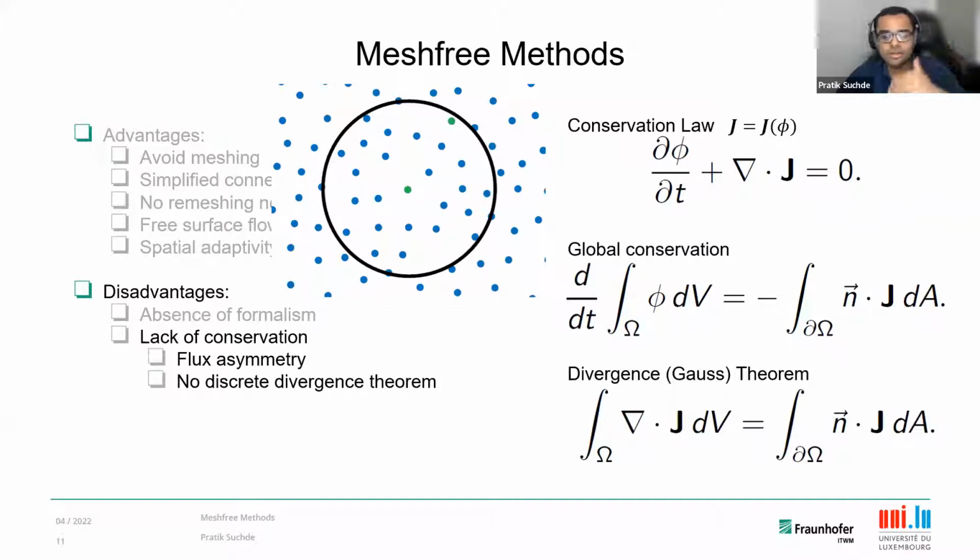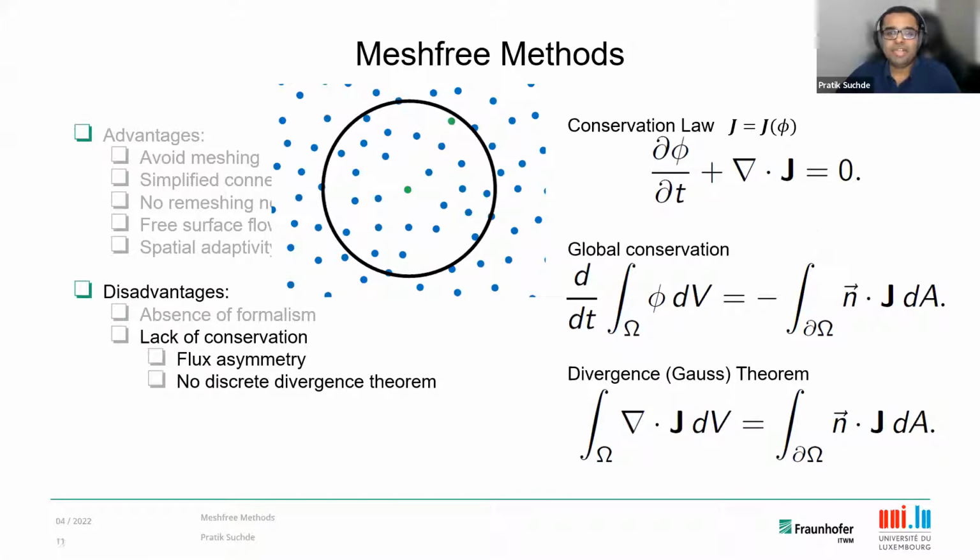So if I go from cell 1 to cell 2, it is the negative of what I see from cell 2 to cell 1. And because of solving your conservation law and having a discrete Gauss theorem, you get a notion of global conservation, for example, of conservation of energy, if that's what you're solving.